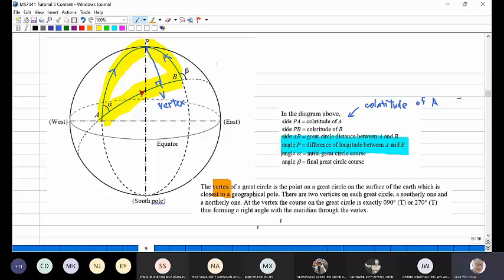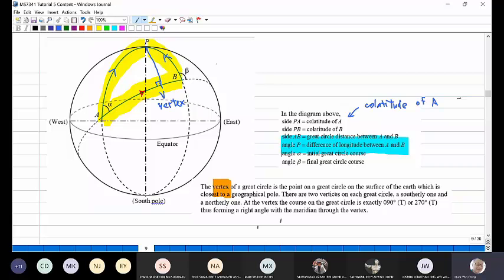At the vertex, the great circle is exactly 90 degrees or 270 degrees true bearing, forming a right angle with the meridian. So we join P to V, and that angle is 90 degrees. That is the understanding of the vertex, the nearest point to the pole. It could be nearest to the north pole or the south pole, depending on where the ship is heading.